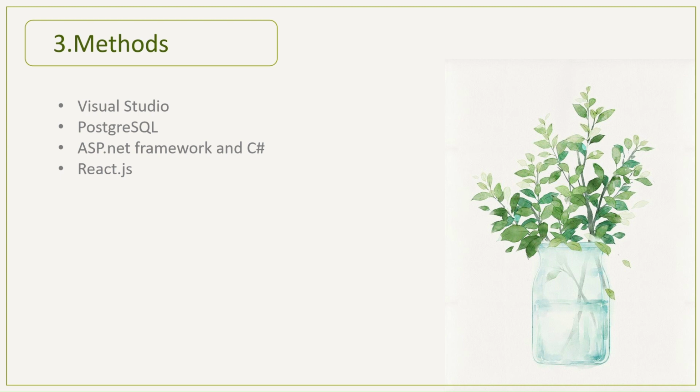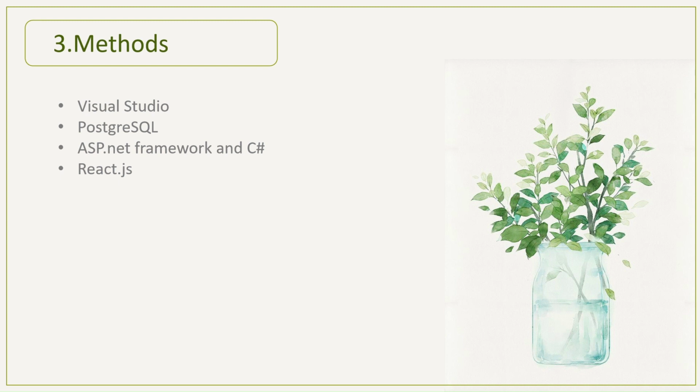ASP.NET is a development framework that can be used to build dynamic websites. It's a part of the Microsoft .NET framework and allows developers to use .NET languages such as C#.